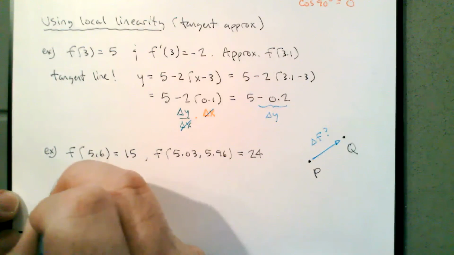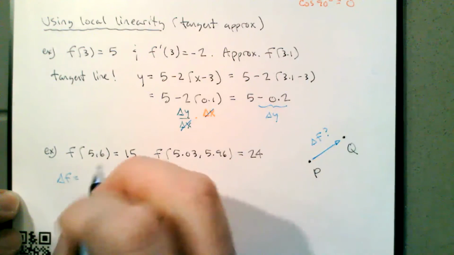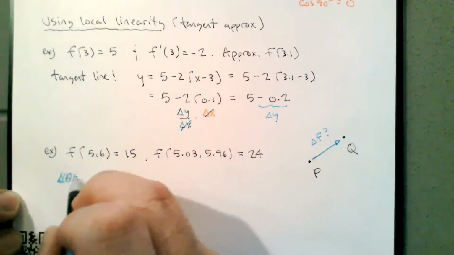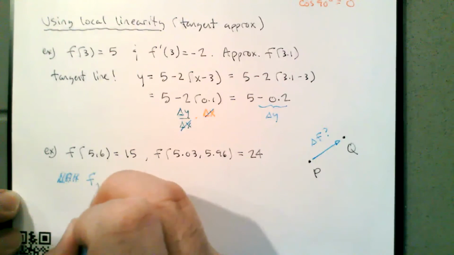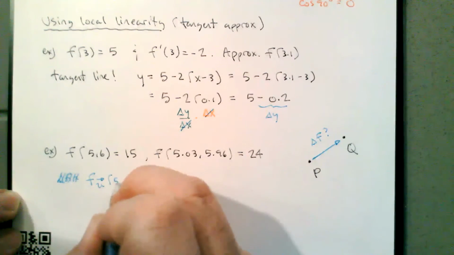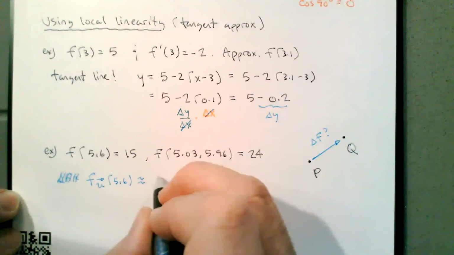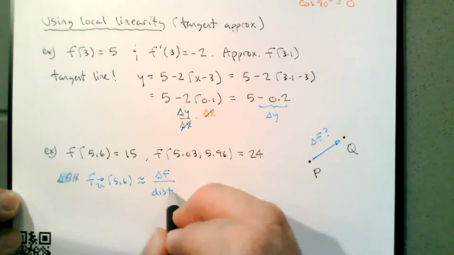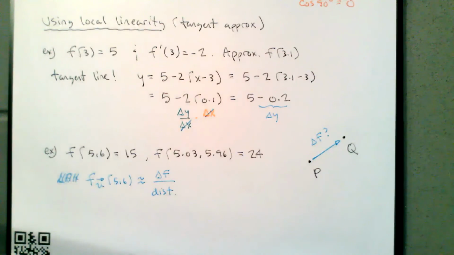So the delta F is the change in F. We're just going to calculate the change in F divided by the distance, in the same way that the derivative is the change in Y divided by the change in X. How much the function changes divided by how far it went.